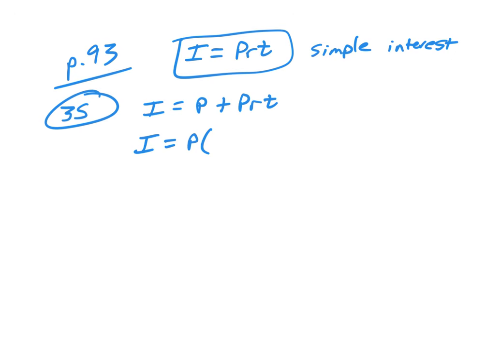Okay, and here's where it gets a little bit tricky, but it's going to be a whole lot easier to do it this way than another way. I take a P out of P, that leaves me 1 right here. Okay, so we're factoring that P out. If I take a P out of PRT, that leaves me R and T.